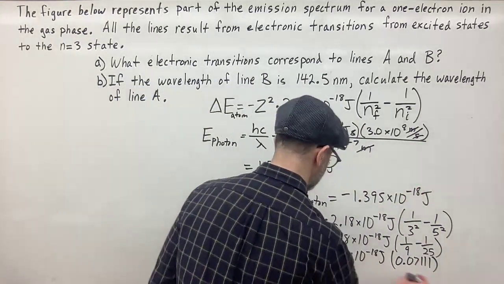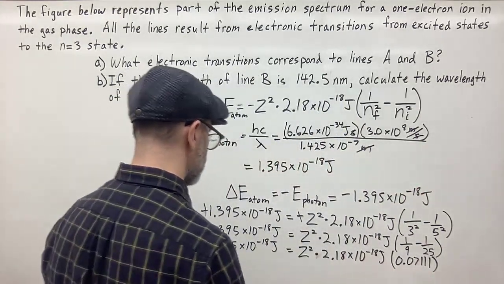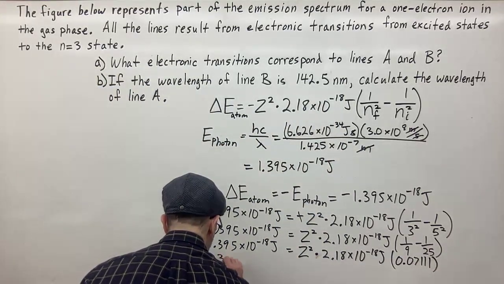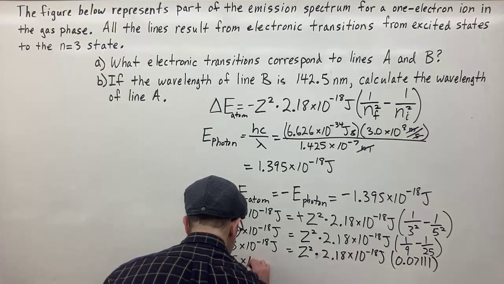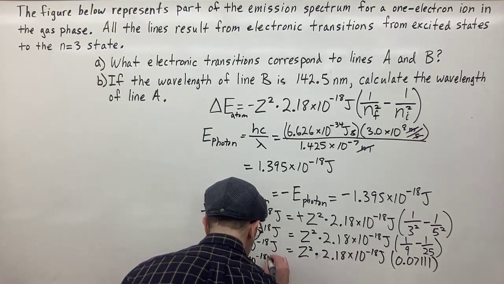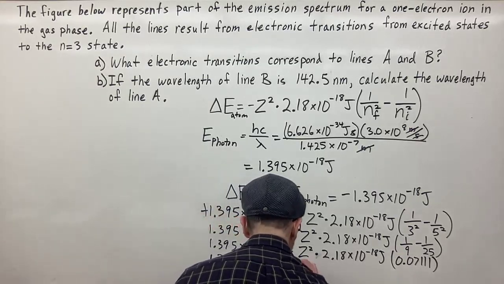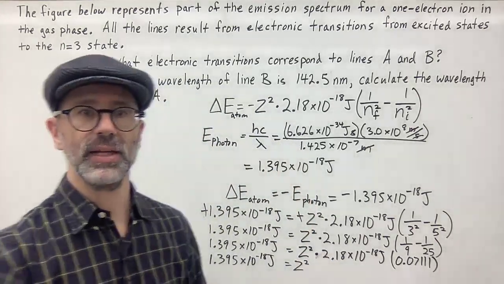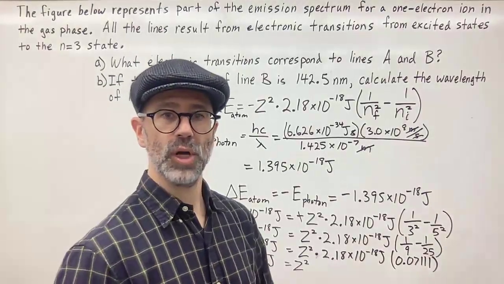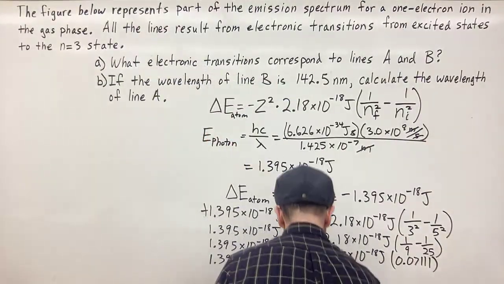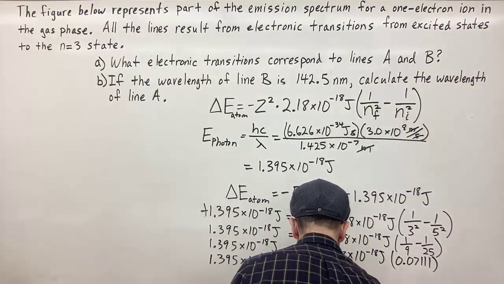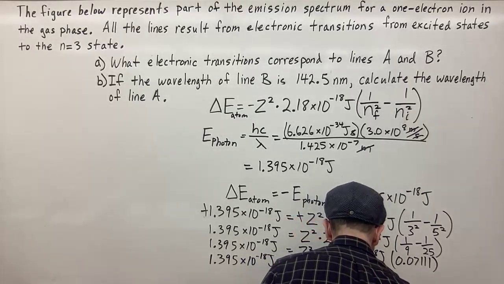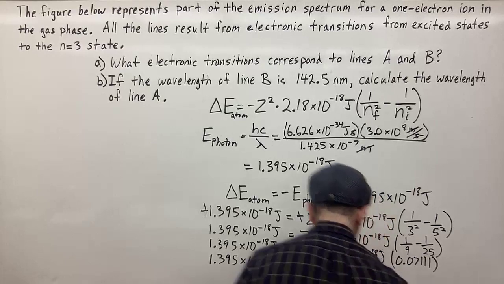Now I'm going to multiply these two together. So that's going to give me 1.395 times 10 to the negative 18 joules is equal to z squared. And then when I multiply that together, I get 1.550 times 10 to the negative 19 joules.